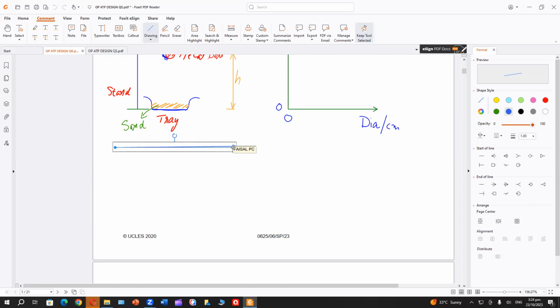Time? Temperature difference? No, why temperature? Temperature is not needed in this trial. I think time is a good choice.